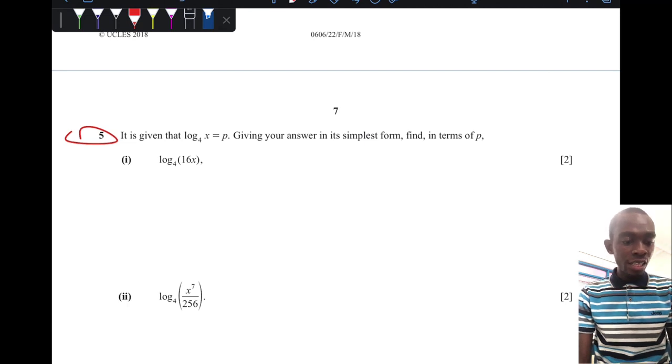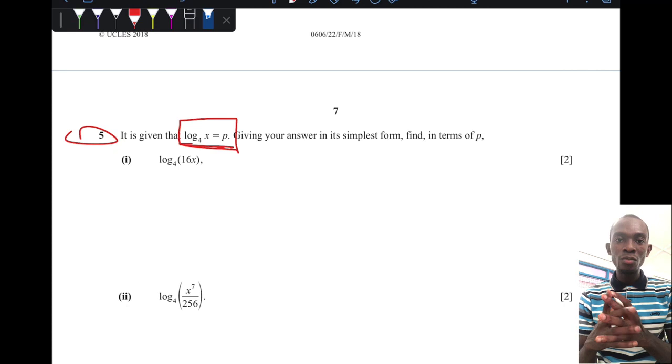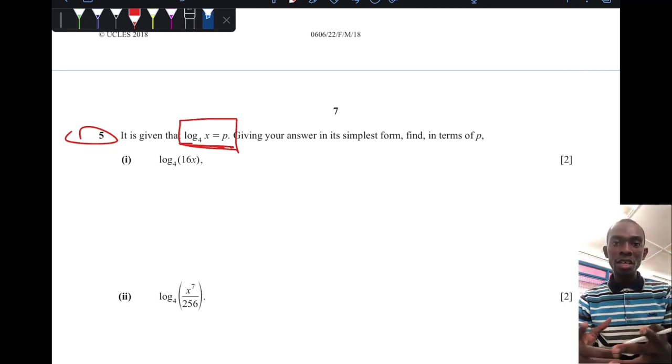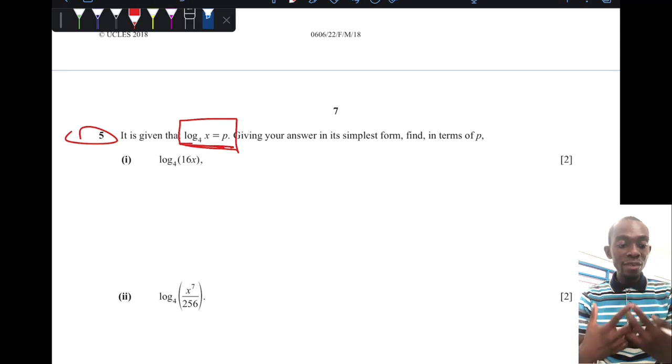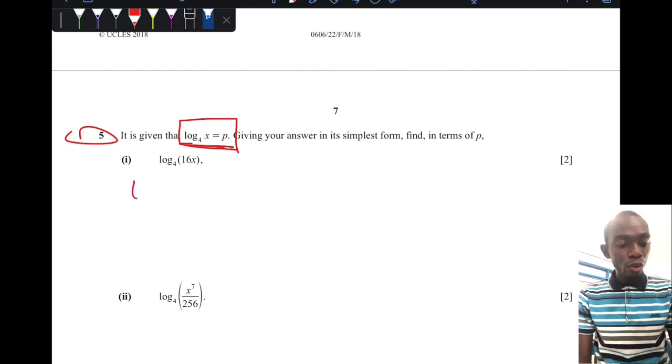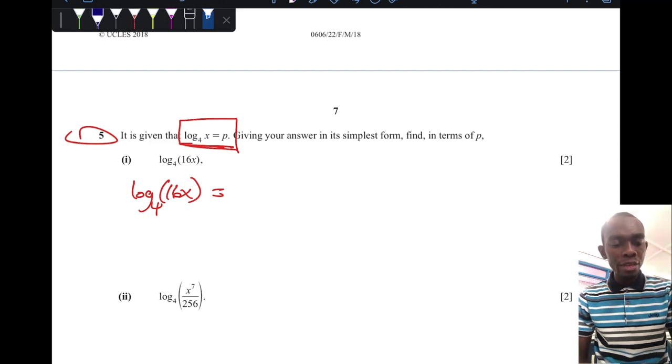It says, given that this is true, and that is what we call assertion. They are giving us a claim that is p. So we should use this claim and then solve the other problems down there. Now they have given you log of 16x base 4, and you can apply the rule of logarithm here.